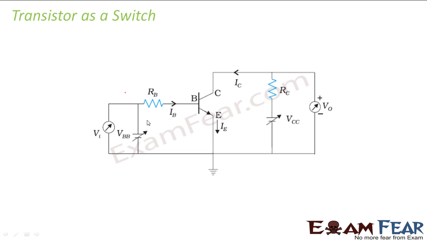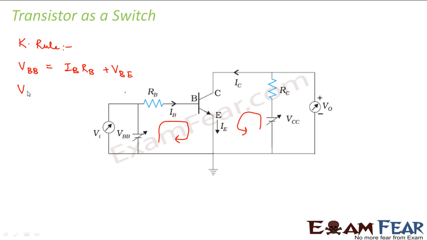As of now we consider these two circuits and apply Kirchhoff's rule first to this circuit and then to this circuit. So what do we get? From Kirchhoff's rule, in this closed loop, we get VBB is equal to IBRB plus VBE.